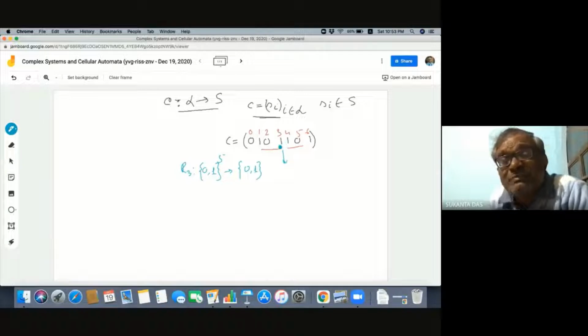Now which RMT is acting on cell number 3? If cell number 3 wants to change its state, what will cell 3 do? It will look at its left two neighbors and right two neighbors. So for rule R3, its input is 10110, which is actually 0 1 0 1 1 0.